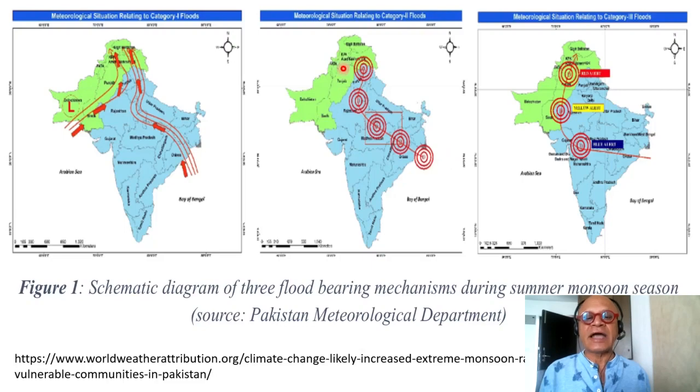So that also adds to this misery, and then you have this third situation where you have low pressure systems coming across and then sweeping over large parts of Pakistan from the south into the north.